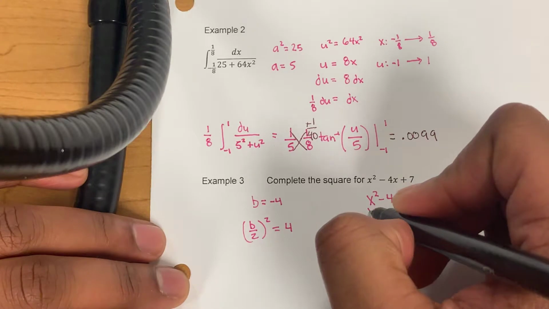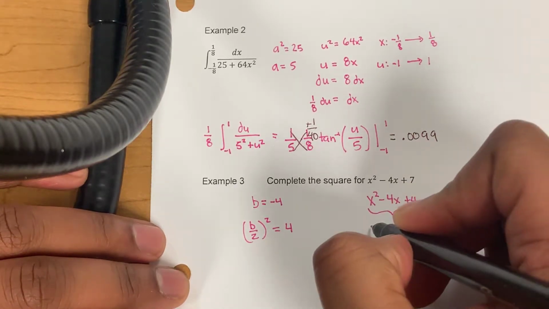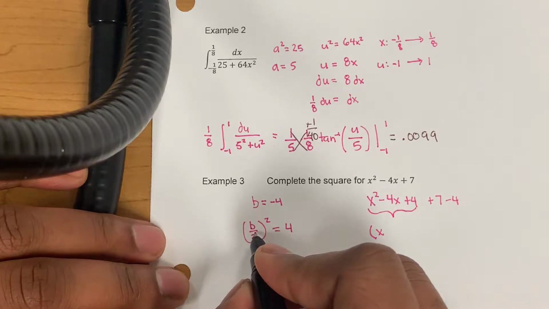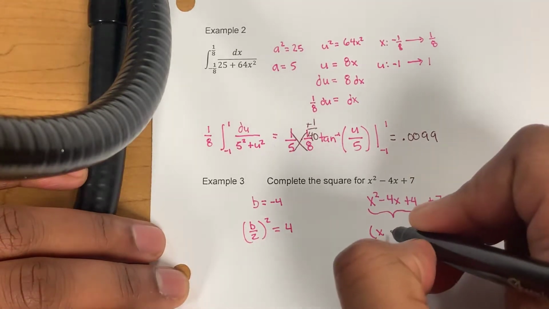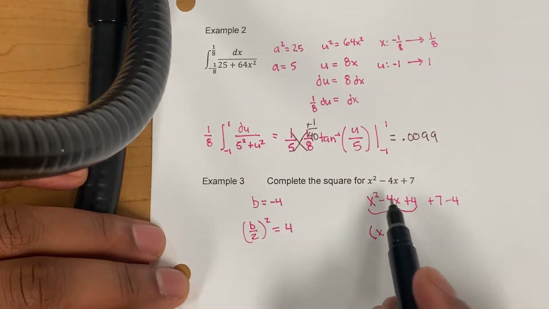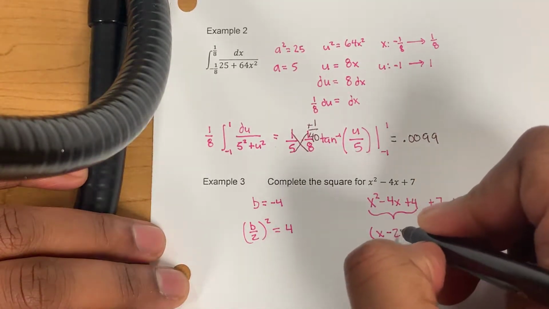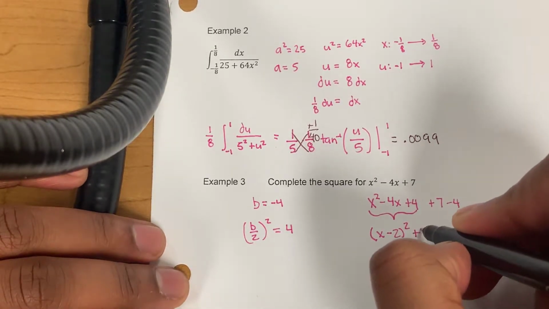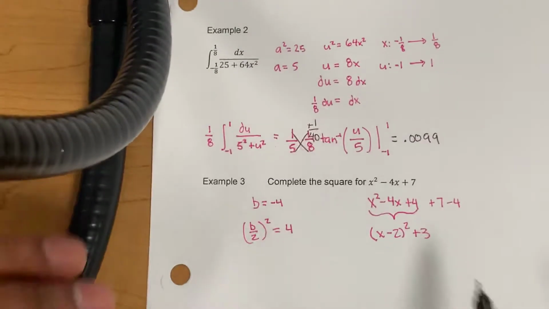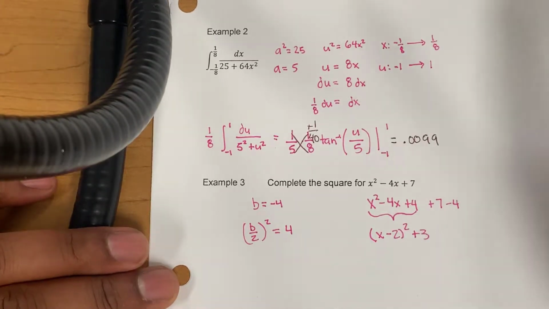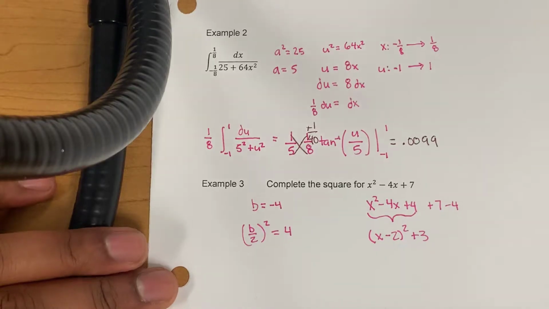So this always factors to be x plus b over 2 squared. Half of b is -2, so we're going to have x minus 2 squared is how this factors, and then that's going to be +3. So we've completed the square, and that's going to be necessary to complete some of these inverse trig functions.